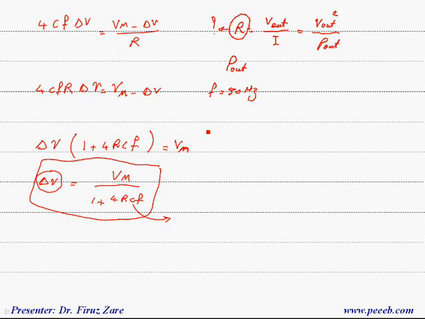If delta V should be kept at 20 volts, then we know Vm because Vm is root of 2 times 240. So we know Vm, delta V, frequency, and the resistance value. Then we can find the capacitance value for this application.